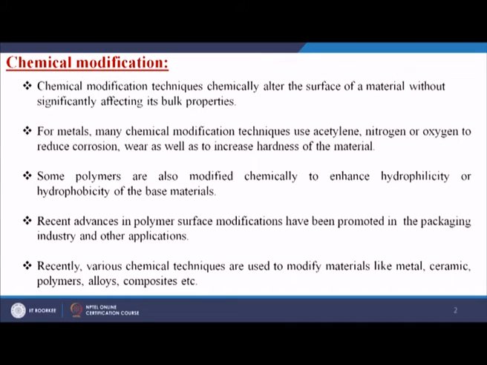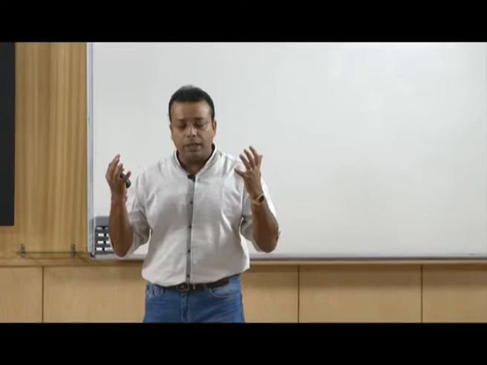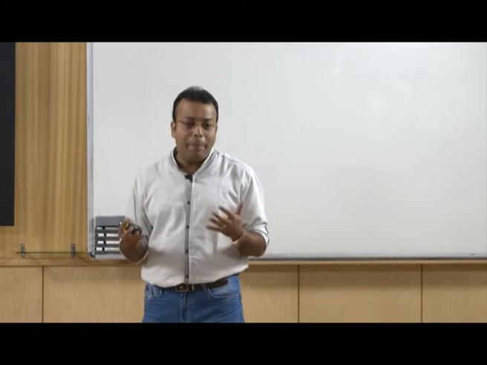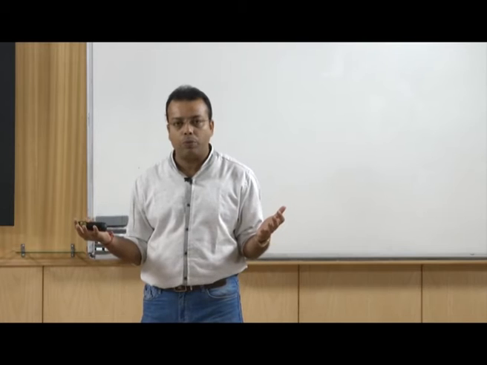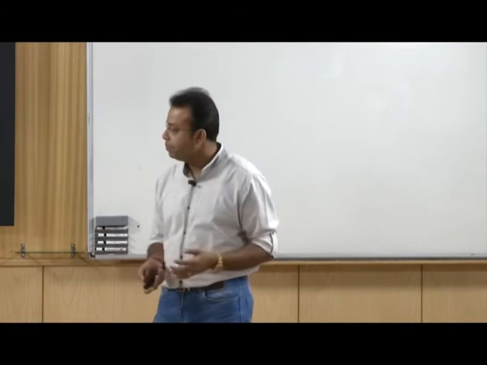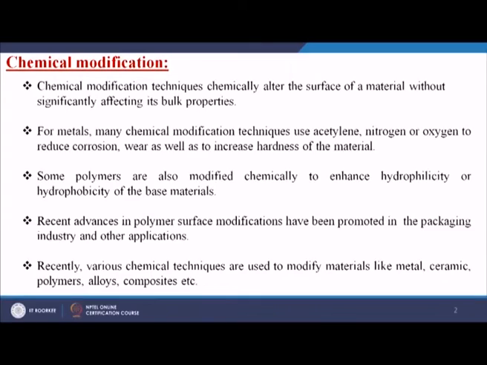Mostly we use it for packing applications, barrier layer applications, then biotechnology and biomedical applications, where lots of work is going on. Recently, various chemical techniques are used to modify materials like metals, ceramics, polymers, alloys and composites.